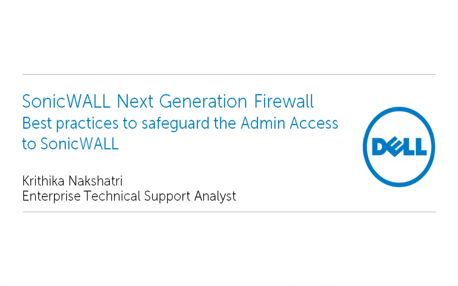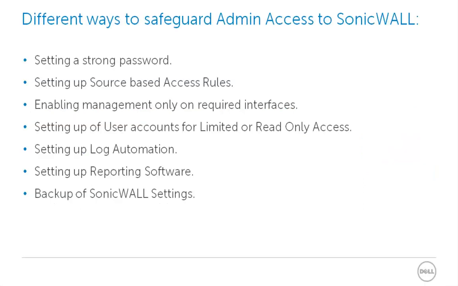Today, we will go through the best practices to safeguard admin access to SonicWall. The different ways in which we can safeguard admin access to SonicWall are by setting a strong password, setting up source-based access rules, enabling management only on required interfaces, setting up user accounts for limited or read-only access, setting up log automation, setting up reporting softwares.